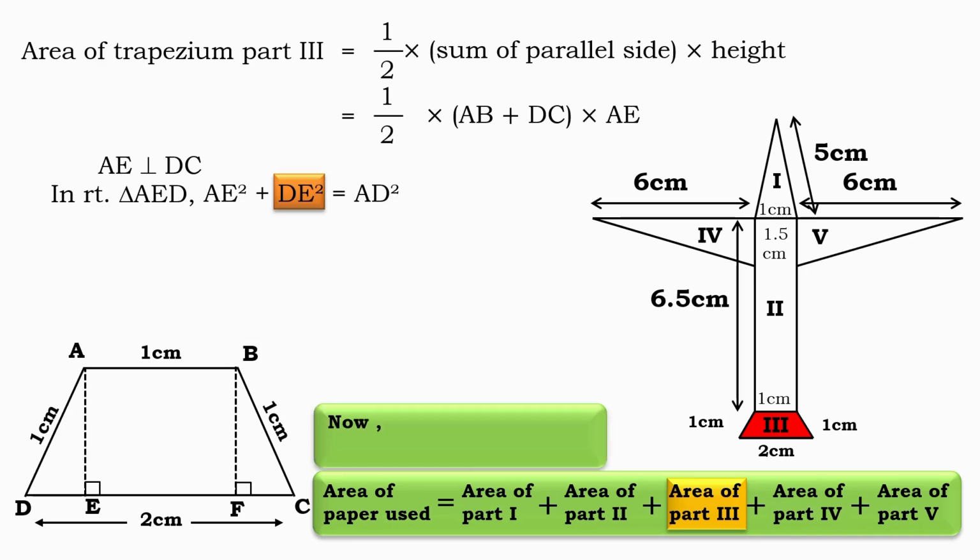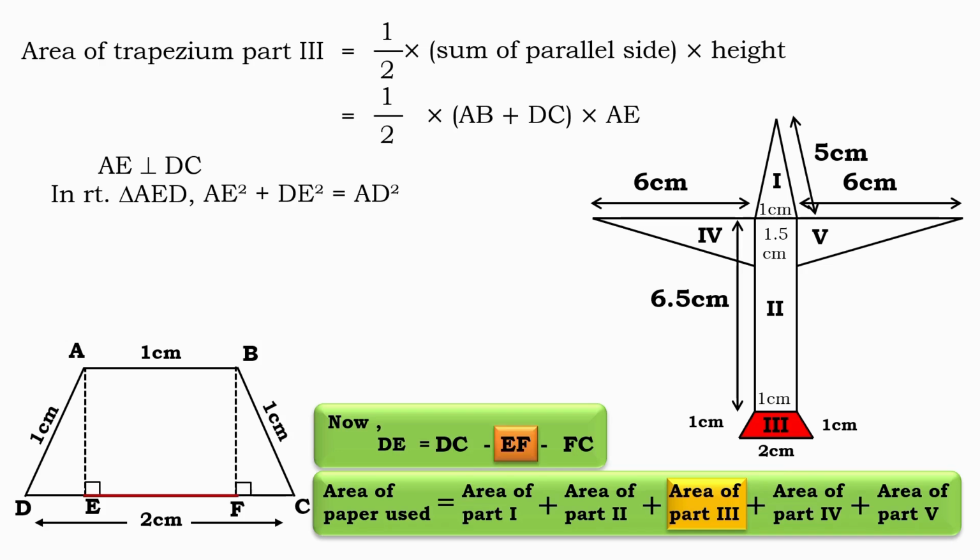Now DE, that we don't know, right? We can say that DE is DC minus EF minus FC, or either we can say DE is equal to DC minus EC.